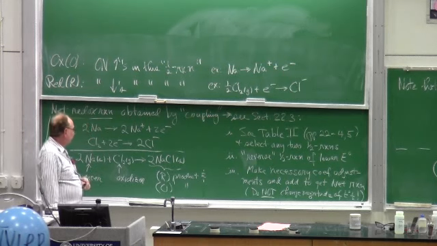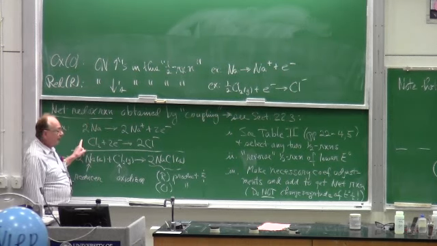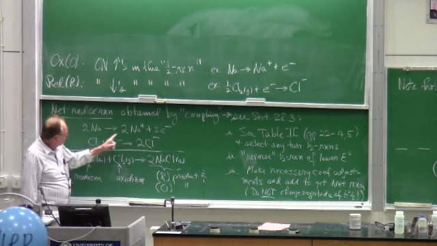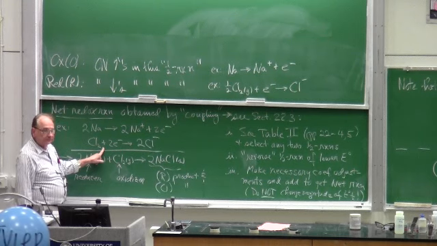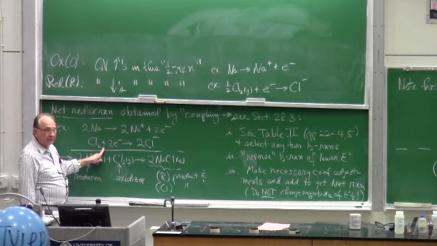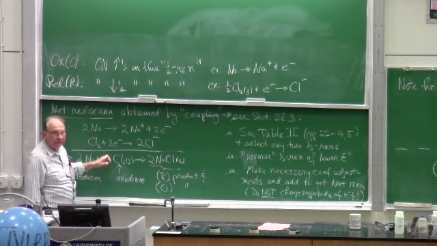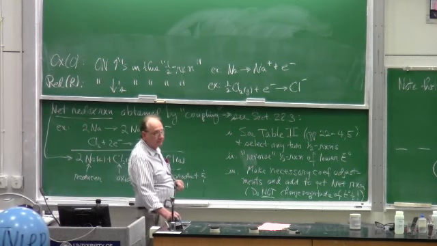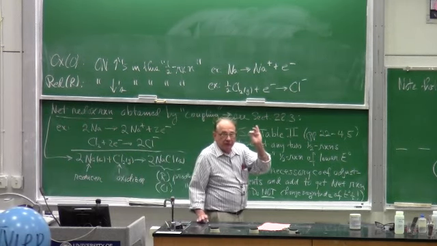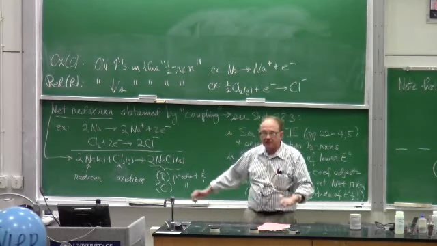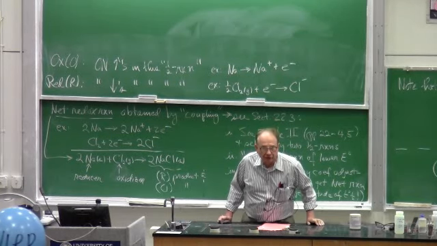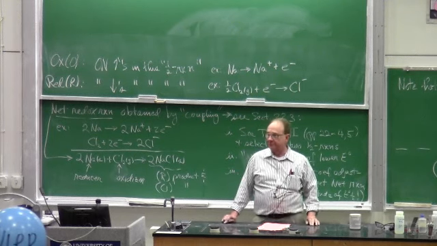Which means you take the half reaction, which shows oxidation, the half reaction, which shows reduction, and as necessary, adjust coefficients for each reaction so that when you add the half reactions together, total electrons produced by the half reaction showing oxidation equals total electrons consumed by the half reaction showing reduction.